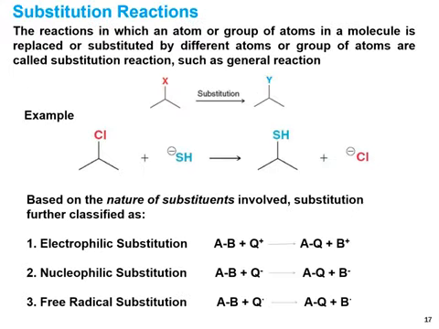The second type of reaction is the substitution reaction. It is the reaction in which an atom or group of atoms in a molecule is replaced or substituted by a different atom or group of atoms.